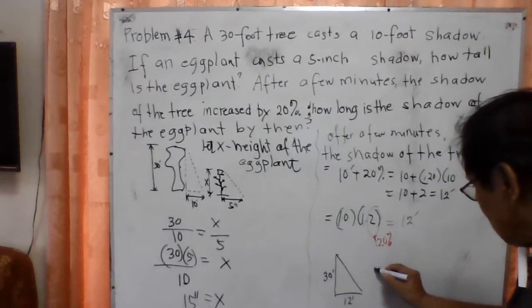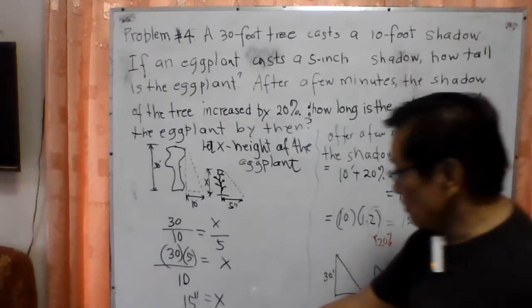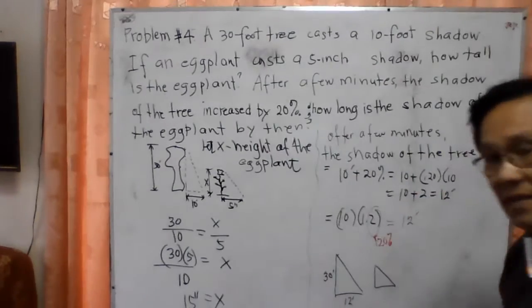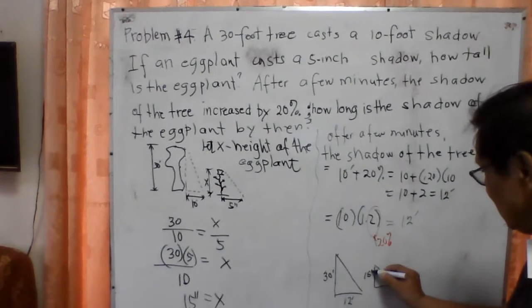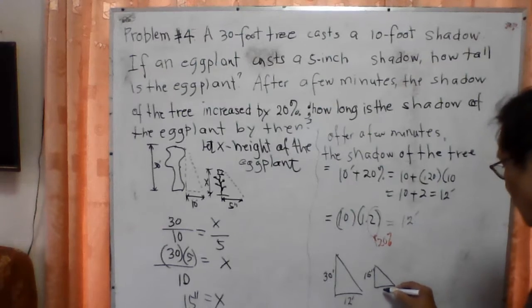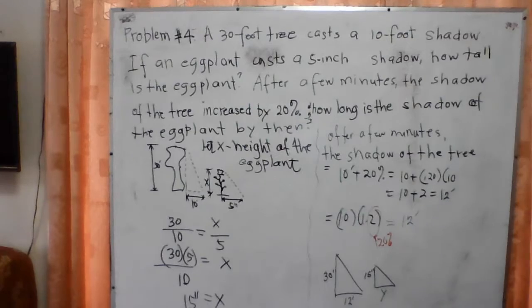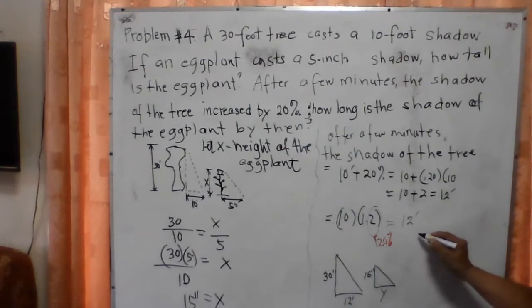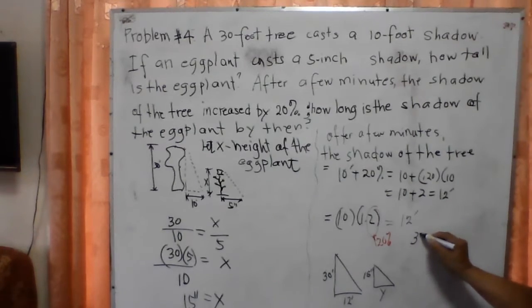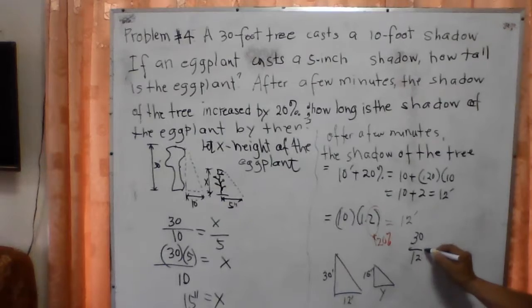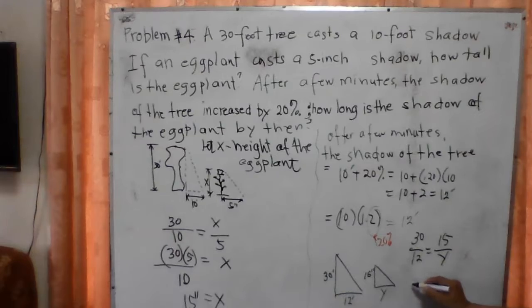So, we have now computed the height of the eggplant as 15. Let's denote this new length as y. Okay? So by ratio and proportion, 30 over 12 equals 15 over y.